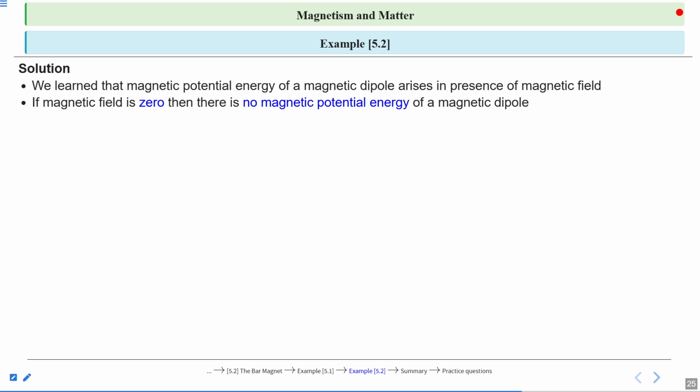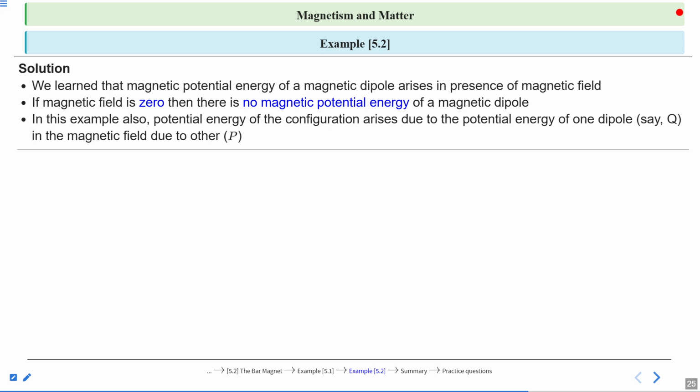In this example also, the potential energy of the configuration arises due to the potential energy of one dipole, say Q, in the magnetic field of P. Here the P needle is the primary needle, producing the magnetic field, and the other needles are affected by it.